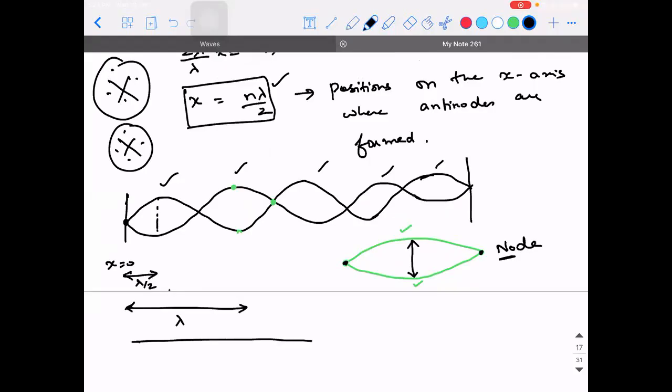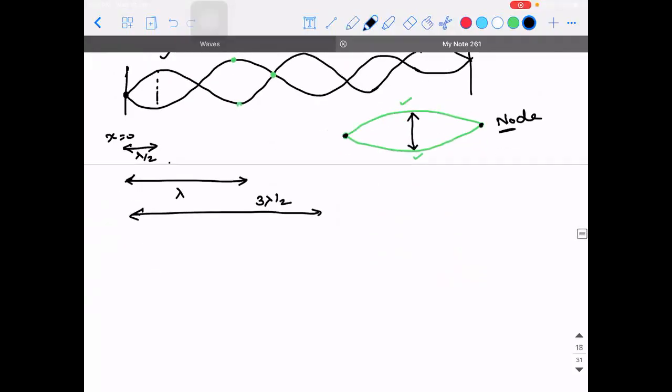If I put n is equal to 3, I'll get the position of my third antinode, that is 3 lambda by 2. Does this make sense? Are you able to understand? More importantly, are you able to visualize it? Yes, sir.